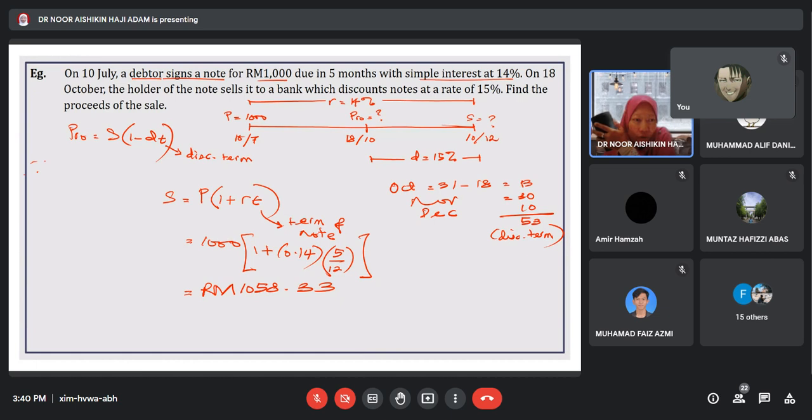So now, we can find the proceeds. Therefore, proceeds equals to, guna balik duit tu, 1058.33 times 1 minus dt. Your D is 15%, 0.15. Your T is 53 days, 53/360.